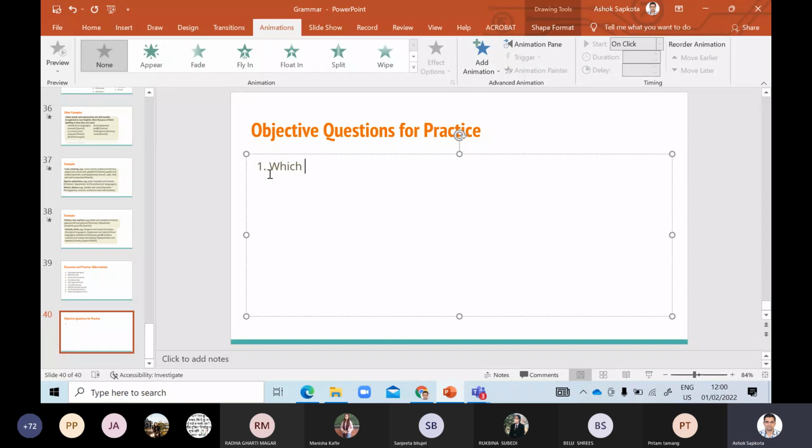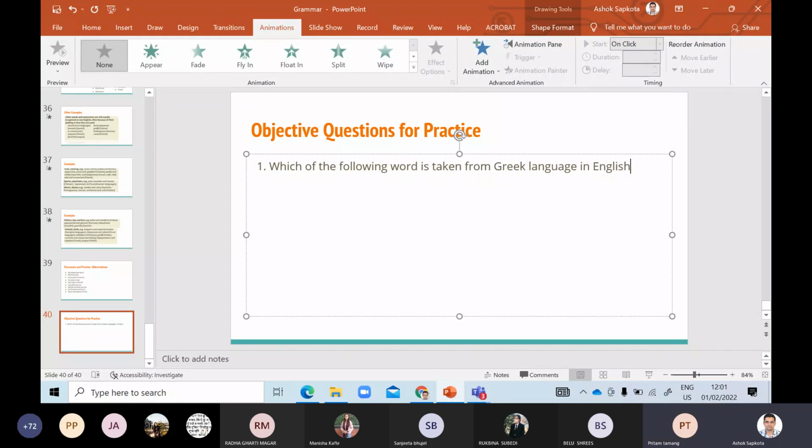Which of the following words is taken from the Greek language in English?